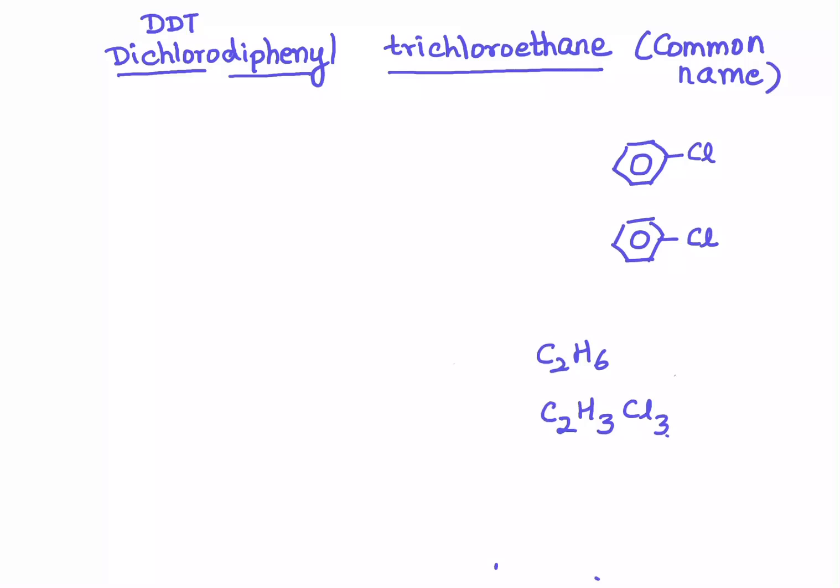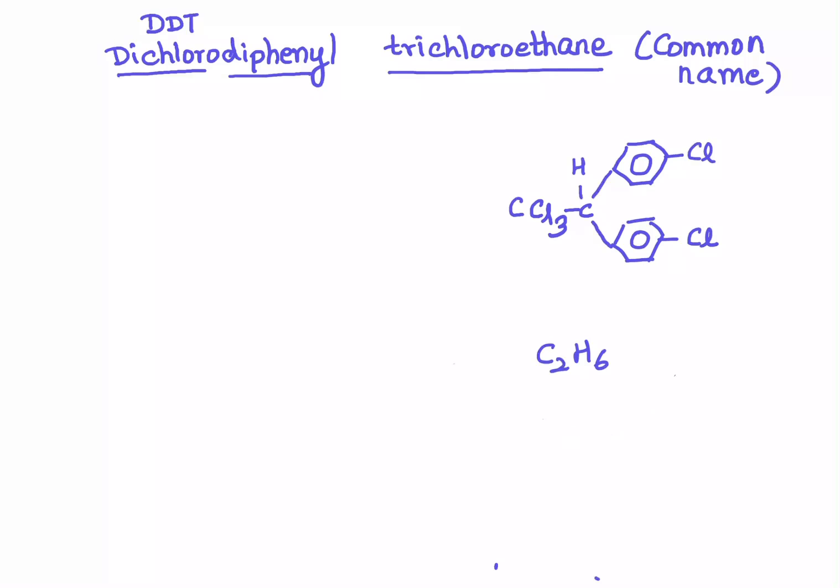So let's see, we will have CCl3 and there'll be a carbon over here. Let's form a bond, and there we go. Correct. 1, 2, 3, 4.